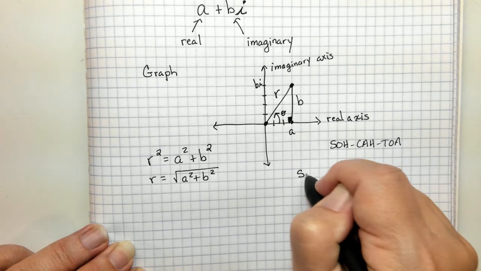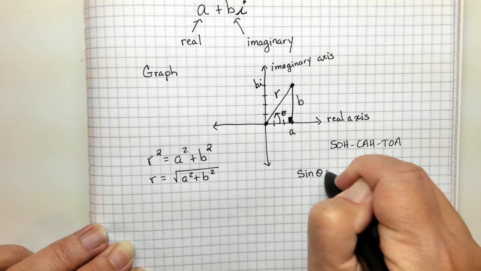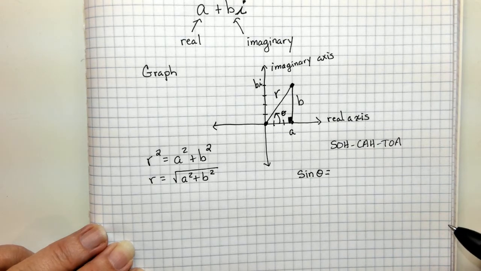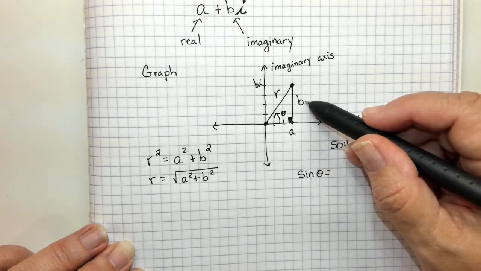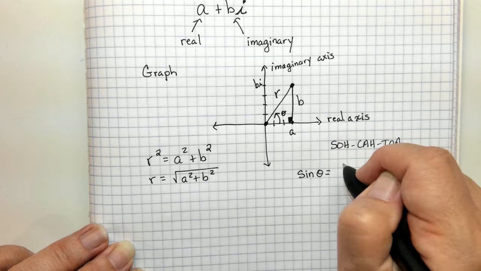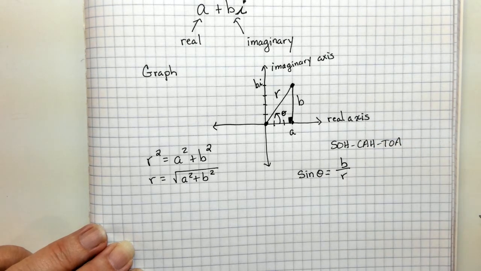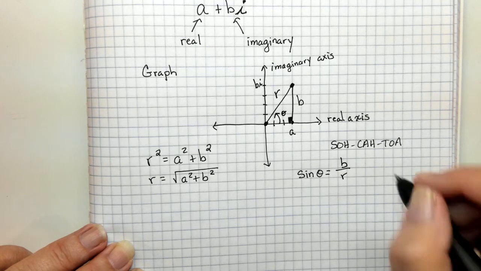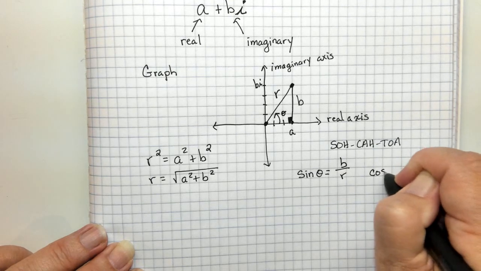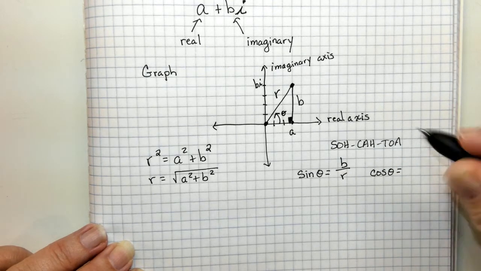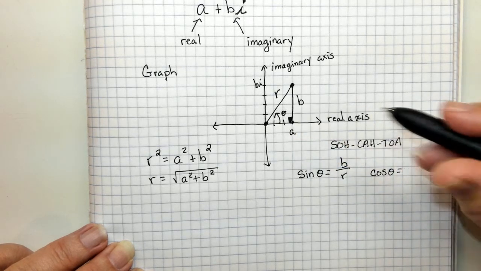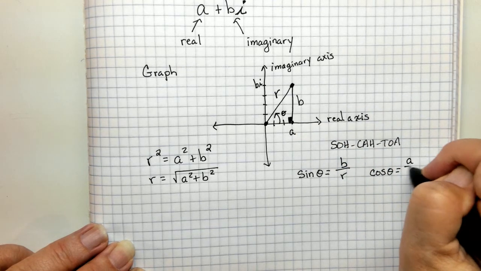And so we know that the sine of theta is equal to opposite over hypotenuse. So in this case, it's going to be b over r. And we know that the cosine of theta is adjacent over hypotenuse, so that's going to be a over r.